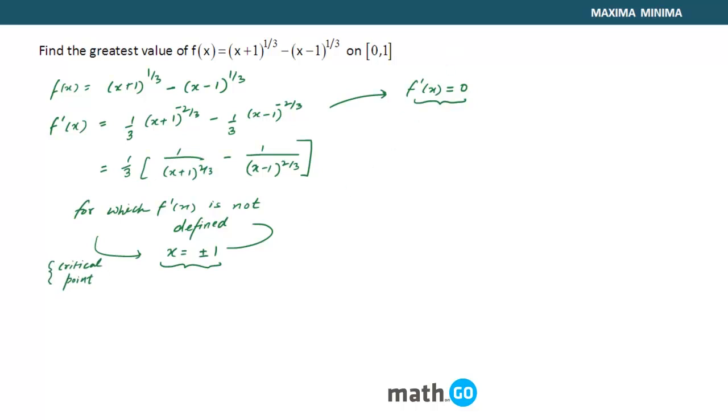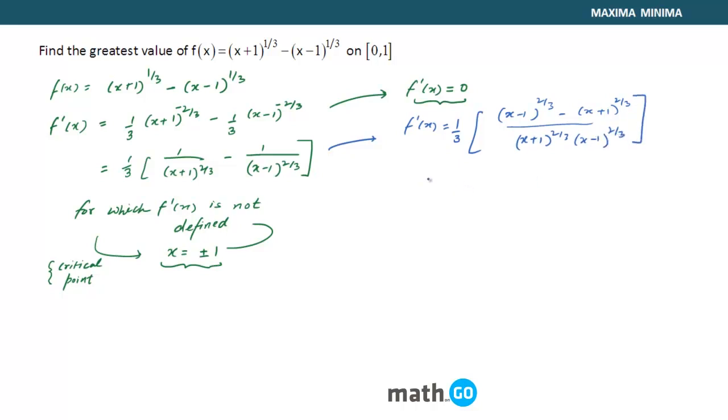So now if we have to solve f dash x equal to 0, this particular quantity will become f dash x is equal to 1 by 3 times x minus 1 raised to power 2 by 3 minus of x plus 1 raised to power 2 by 3, divided by x plus 1 raised to power 2 by 3 and x minus 1 raised to power 2 by 3.